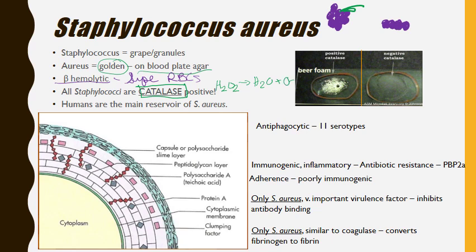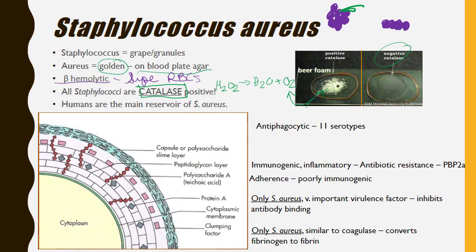You can see here, this is a catalase test where a swab or a loop of the organism that was probably grown out on a blood agar plate has been added to hydrogen peroxide, and you can see all this bubbling, this beer foam response. And that's just the breakdown of the hydrogen peroxide into water and oxygen. Whereas in the negative catalase test, you don't see any such reaction. So streptococci are always catalase negative, and staphylococci are always catalase positive.